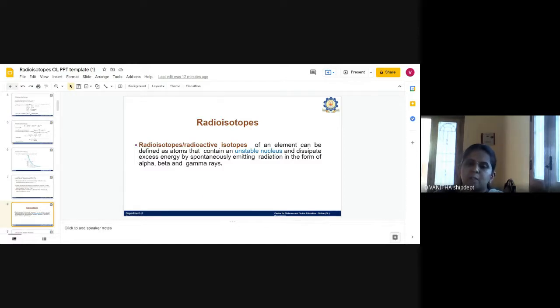Alpha, beta, gamma radiations are spontaneously emitted from that nuclei, and it also dissipates excess energy. The energy is very large in the case of radioisotopes. So the spontaneously emitted radiations are alpha, beta, gamma rays.